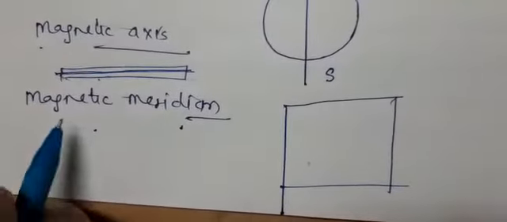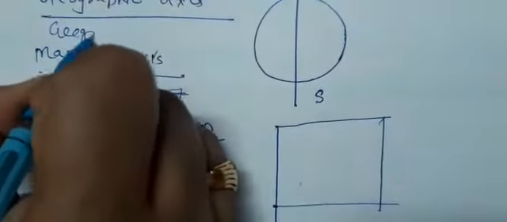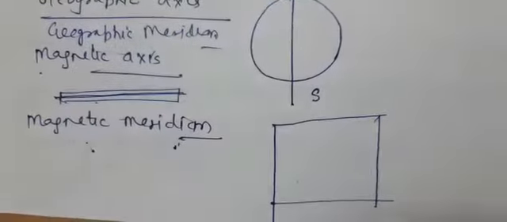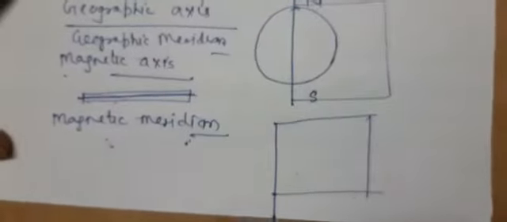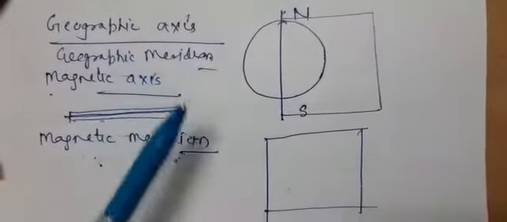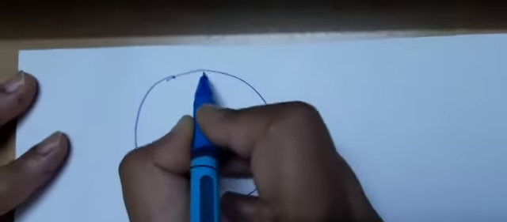Geographic meridian: like we have defined magnetic meridian, there must be a geographic meridian. It is also a vertical plane passing through the geographic north and south pole. Now these terms, magnetic axis, geographic meridian, magnetic meridian, will be used in the next point. If I take this as the Earth, this is the geographic North Pole and this is the geographic South Pole.